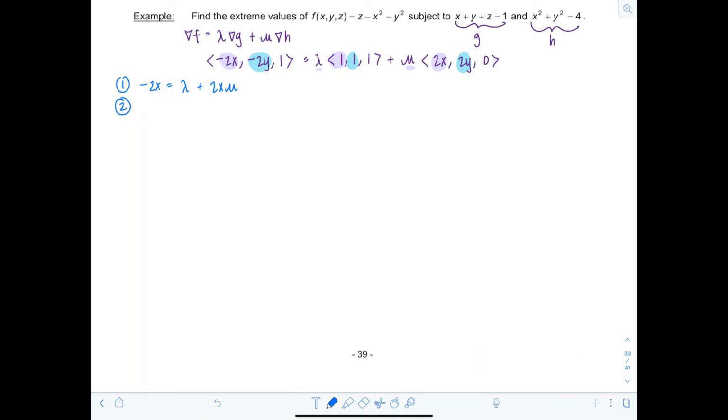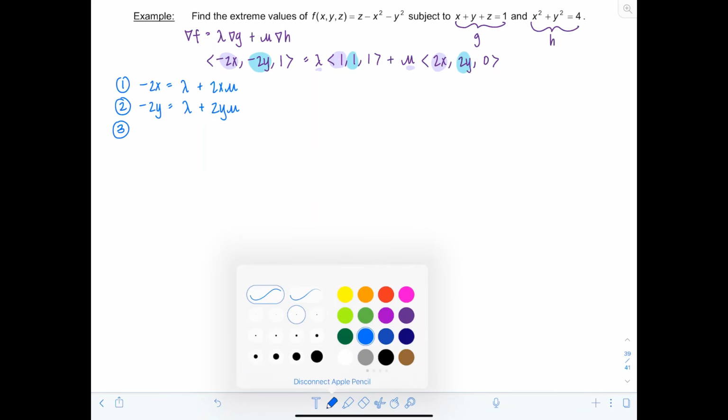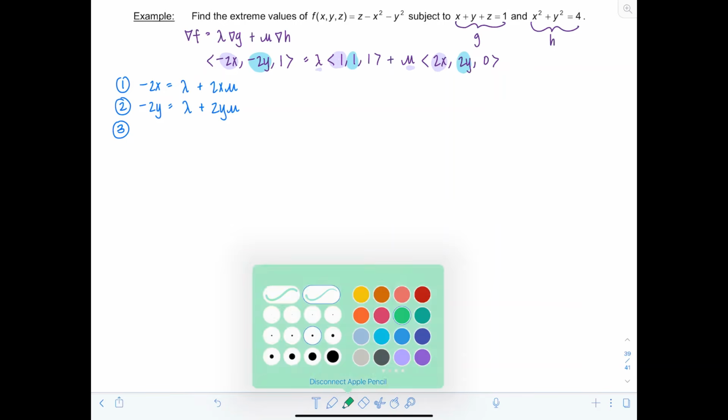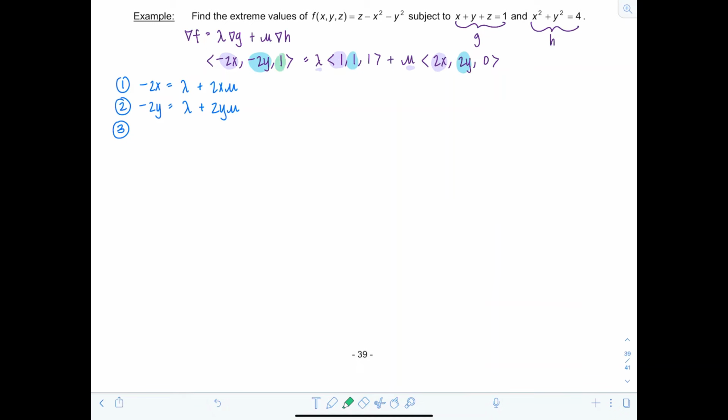So we have negative 2y is equal to lambda times 1 plus 2y times mu. All right, equation 3 is going to be 1 equals lambda times 1 plus mu times 0. Ooh, so we just get lambda equals 1 already.